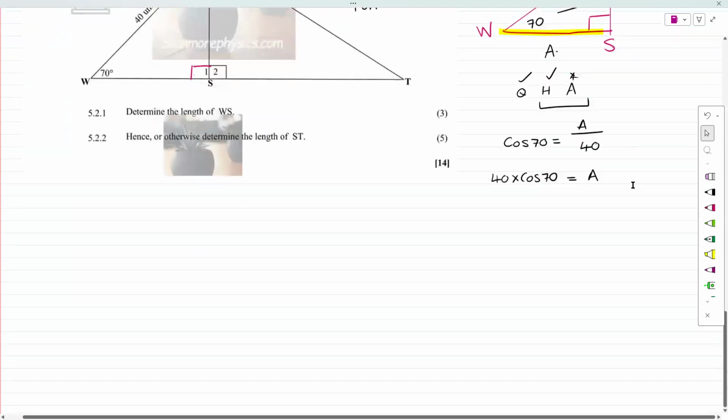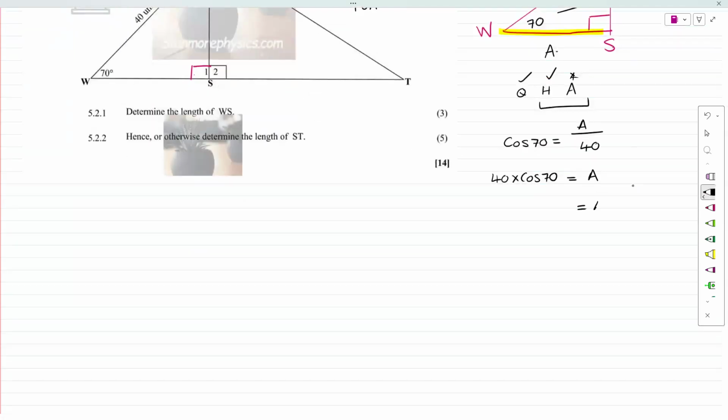Now, A is equal to 40 times cos 70, and that should be 13.68 units.